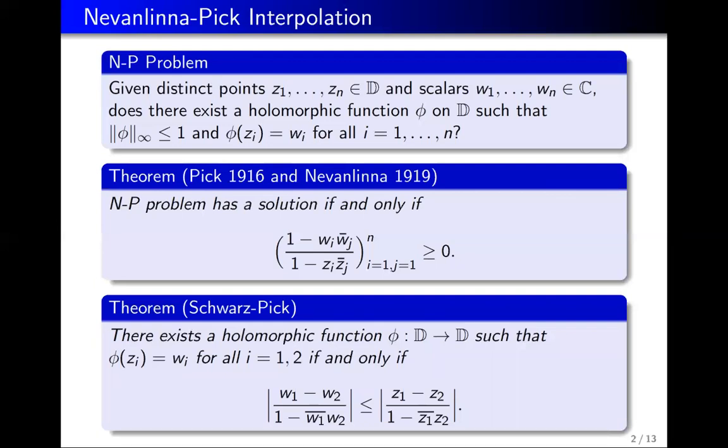It tells you that if you are looking for a holomorphic function from D to D such that it interpolates Z1, Z2 to W1, W2, so we have a pair of points here, Z1 and Z2, they are distinct, and we have W1 and W2. Then such an interpolant exists if and only if the hyperbolic distance of W1 and W2, which is the left-hand side of this inequality, is less or equal to the hyperbolic distance of Z1 and Z2.